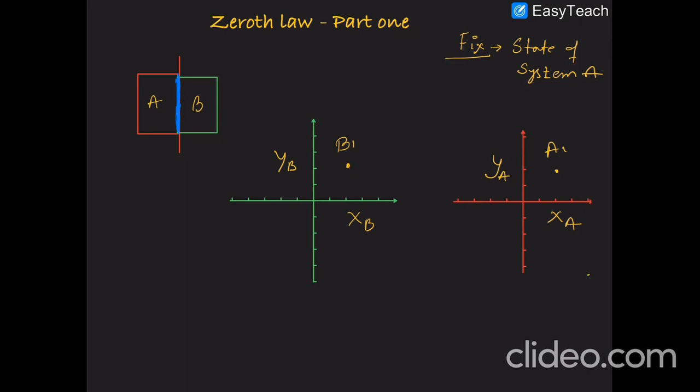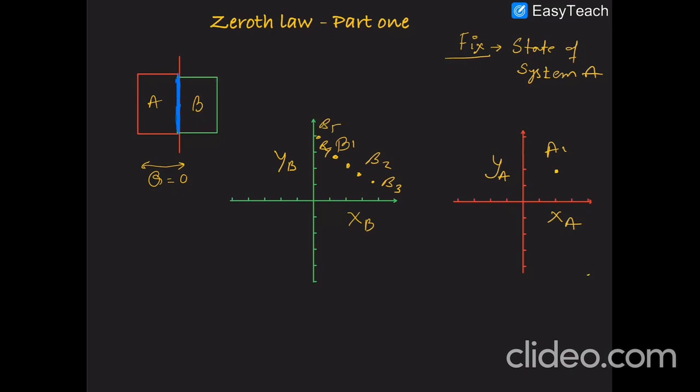Now we would like to extend this further condition of the zeroth law. As we are fixing the state of system A and allowing heat transfer across the diathermic wall, we will look for some other states of B such that Q will be 0. So accordingly, as we are fixing A, we will get something like B2, B3, B4, various states like that.